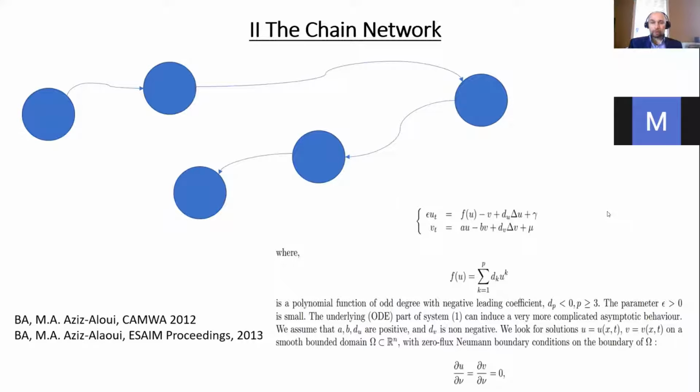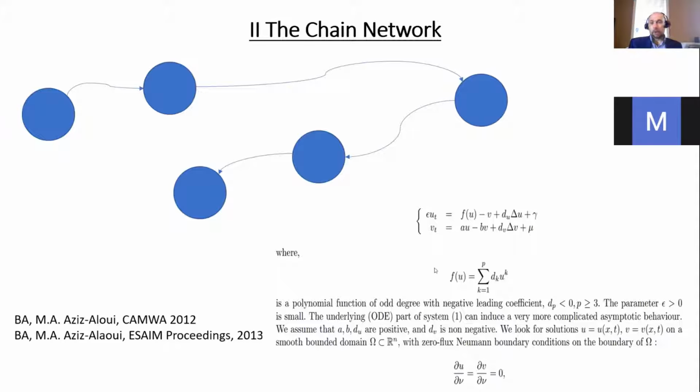All right, so let's have some look at the math before going further. Generally in the Fitzhugh-Nagumo, the function f here is a cubic. Here we generalize a little bit and we allow f to be a polynomial with an odd degree, but the coefficient corresponding to the highest degree must be negative.